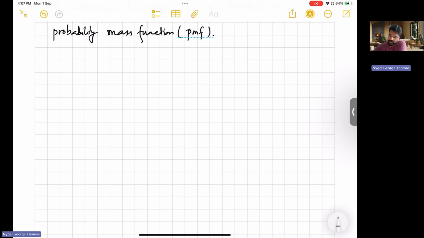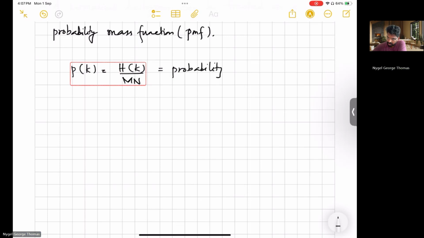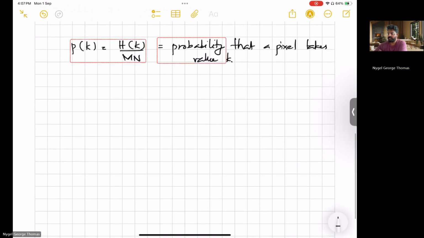So yeah, we are using the normalized histogram. So P of K is the histogram H of K divided by the total number of pixels. So it basically gives the probability that a pixel takes value K. This is the probability, right?